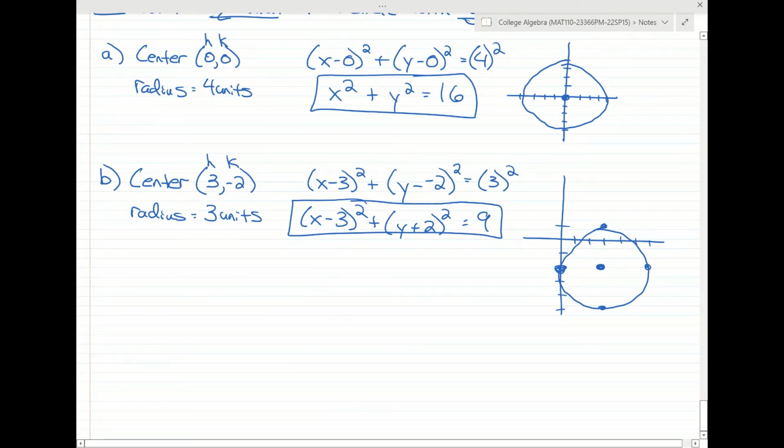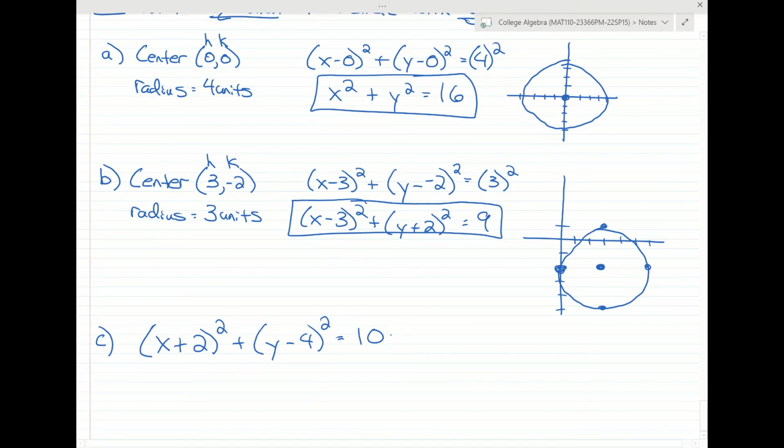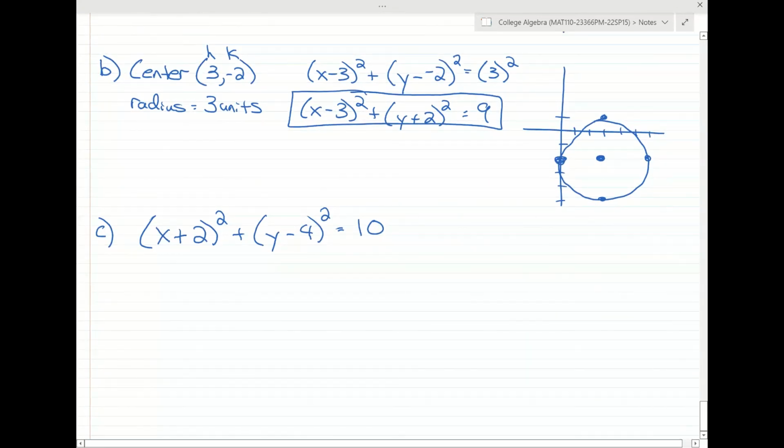Last example tonight, I gave you an equation. The equation was x plus 2 squared plus y minus 4 squared is equal to 10. What would the center be?